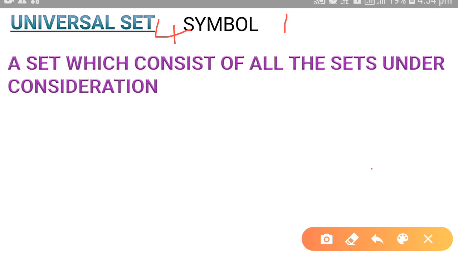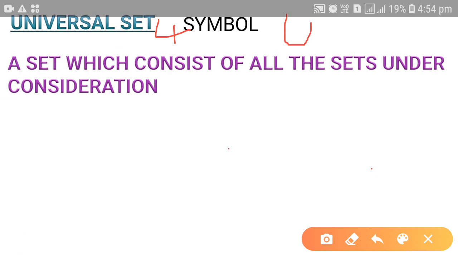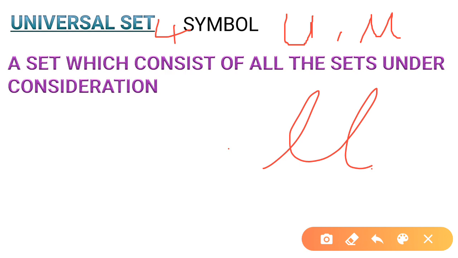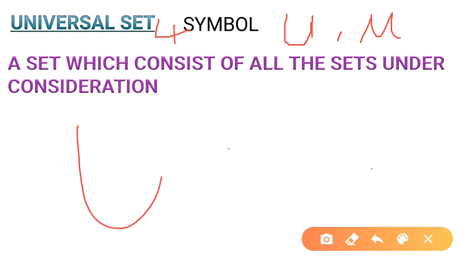It is denoted by the symbol capital U, otherwise small mu, otherwise like big U or small u.